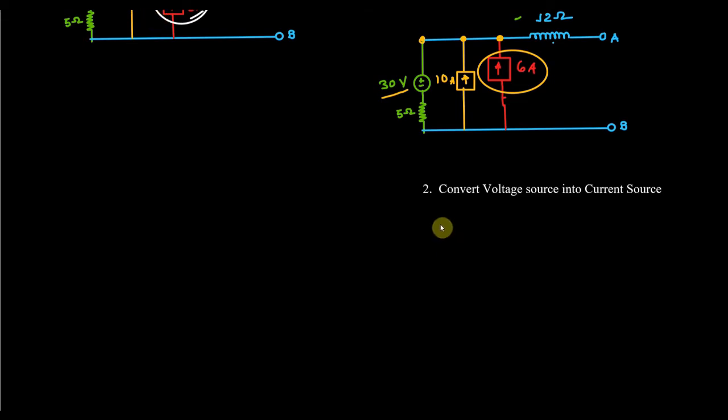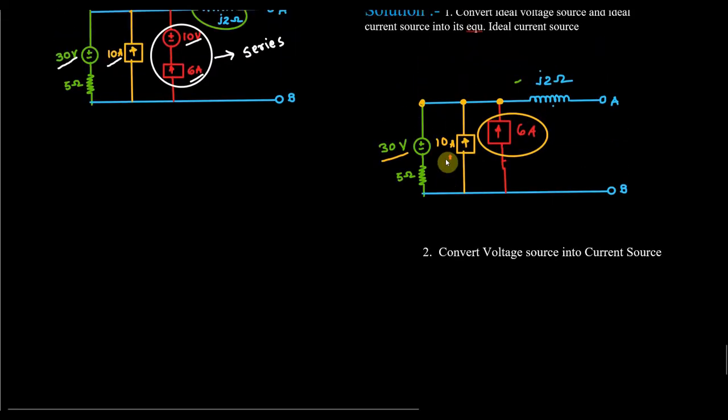So in the second step, we will convert this 30 volt voltage source into its equivalent current source, so that the resultant answer will be a current source.